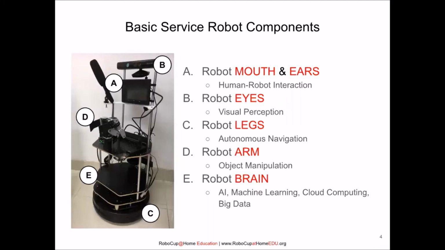Right, so I divided the service robot into these 5 parts. This is a basic service robot component. If you want to build a service robot, I think these are the 5 components that you need to put into the system so that it is a complete system that can work for the services you want to develop, or for whatever application.